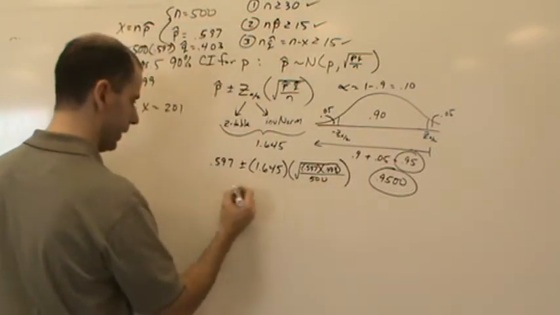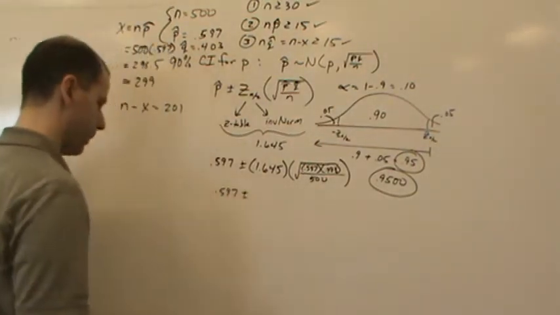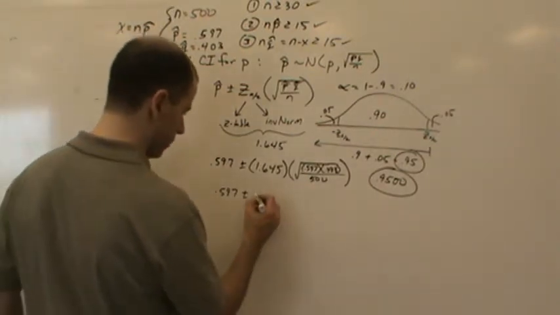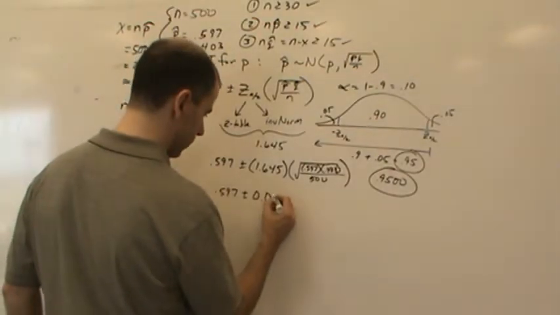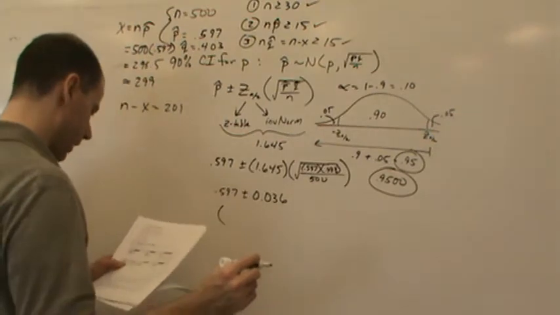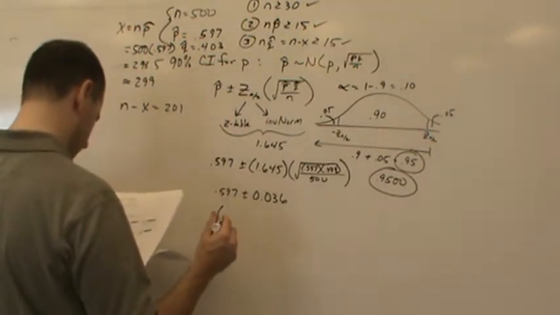And so if we calculate this, we get 0.597 plus or minus, and the margin of error turns out to be 0.036. And then, of course, our confidence interval then becomes, hold on a second.